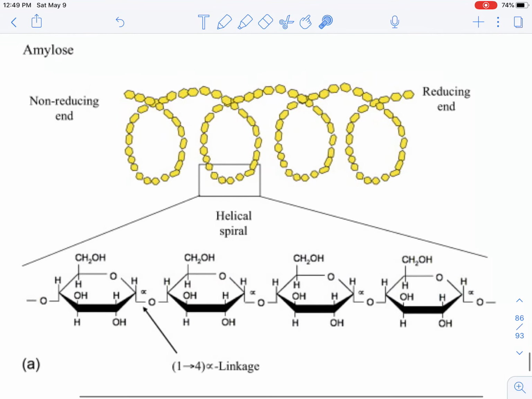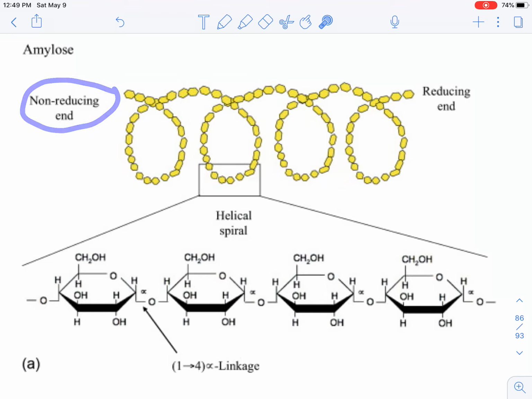All right, and so we can go ahead and distinguish the ends of an amylose. So we have a non-reducing end and we have a reducing end. And it's very easy to identify the non-reducing and reducing end just because we have a straight chain. The reducing end represents the piece of that amylose in which the anomeric carbon of that last glucose subunit is still available.